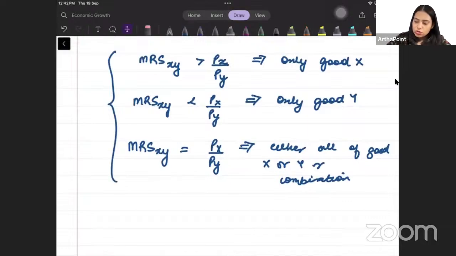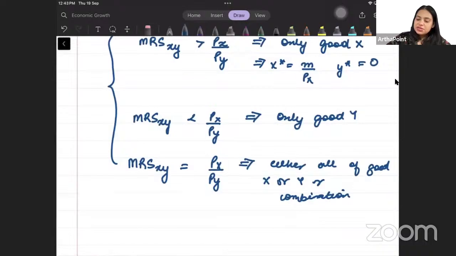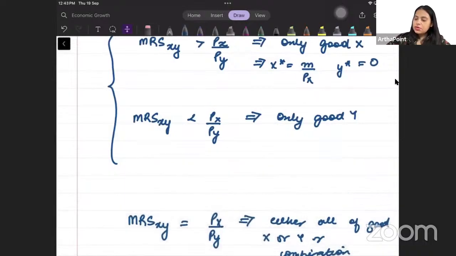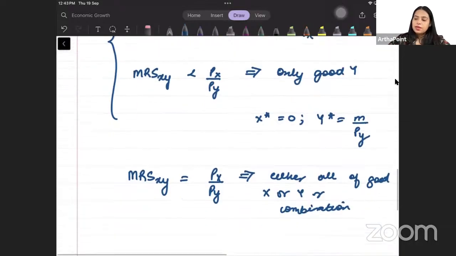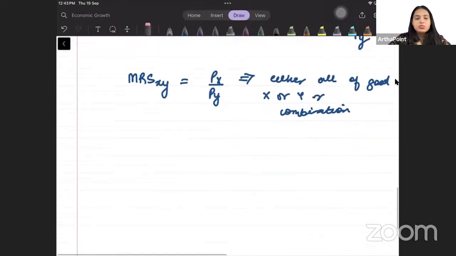Now, you can also elaborate this a bit more: all of good X means that X star will be M by Px and Y star will be 0. All of good Y means that X star will be 0 and Y star will be M by Py. And a combination of the two means what, beta?